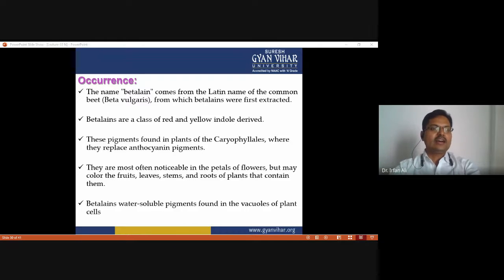They are most often noticeable in the petals of flowers, but may color the fruits, leaves, stems, roots of the plants that contain the betalains. Betalains are water soluble pigments found in the vacuole of the plant cell. So that's why they can be extracted from the plant cell and used in various applications.